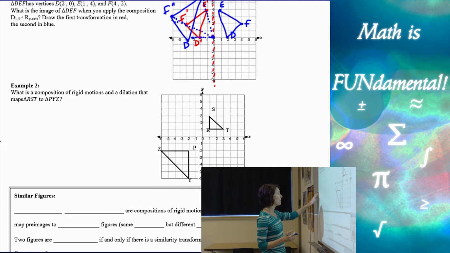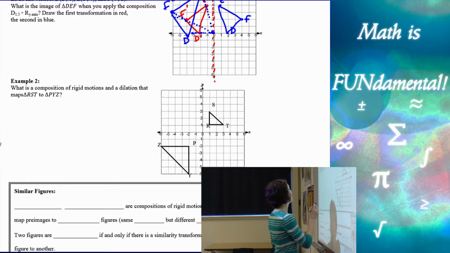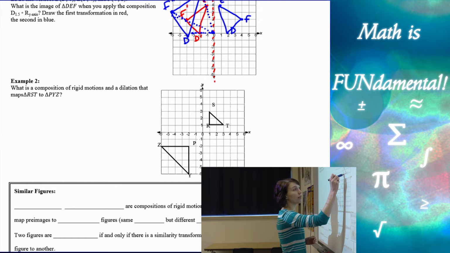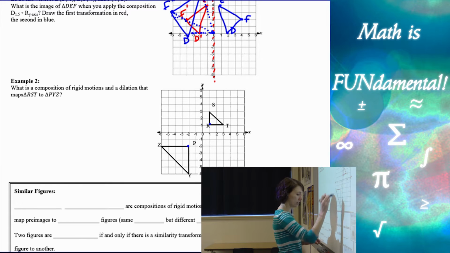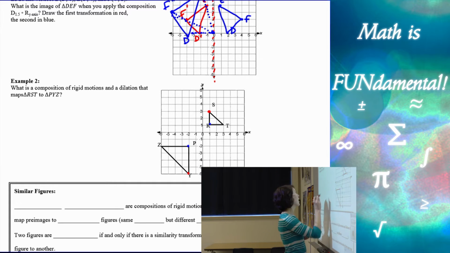All right, example number 2, what is a composition of rigid motions and a dilation that maps RST to PYZ? So again, I'm going to color code these. R maps to P, and then S maps to Y. So I'm looking at the order of the letters in my statement.